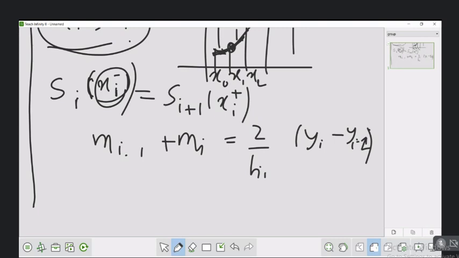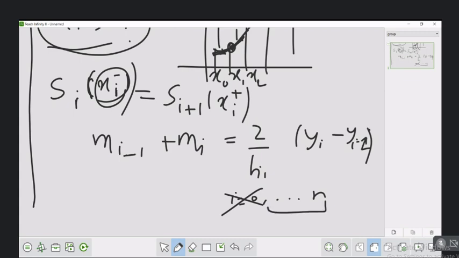Is that okay? So since i runs from 0 to n, how many equations does this give you? Note that you cannot put 0, because if you put 0 it becomes m minus 1, which doesn't exist.